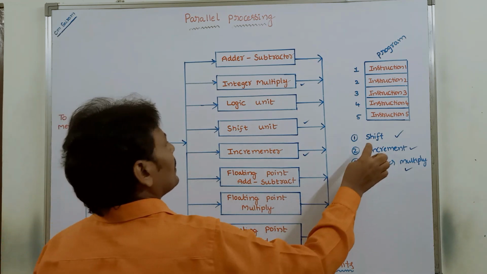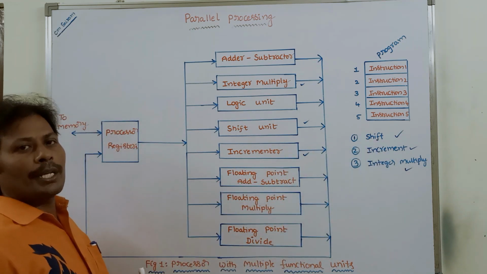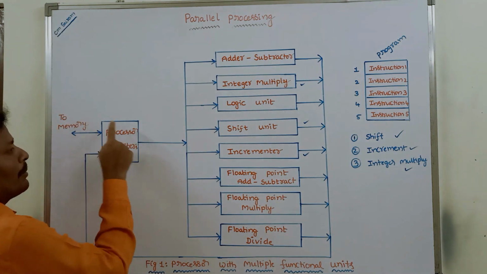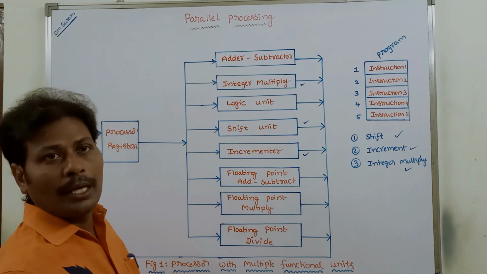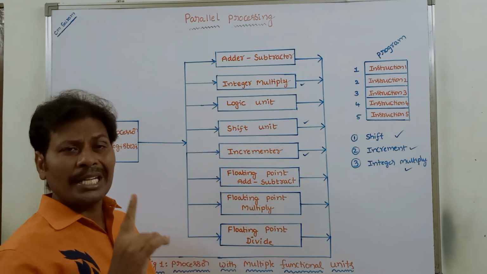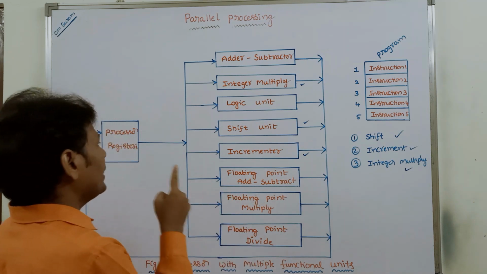Next, to perform the shift operation, we are taking the instruction from the memory by the shift unit. Here we are performing the shift operation. It requires one operand data.